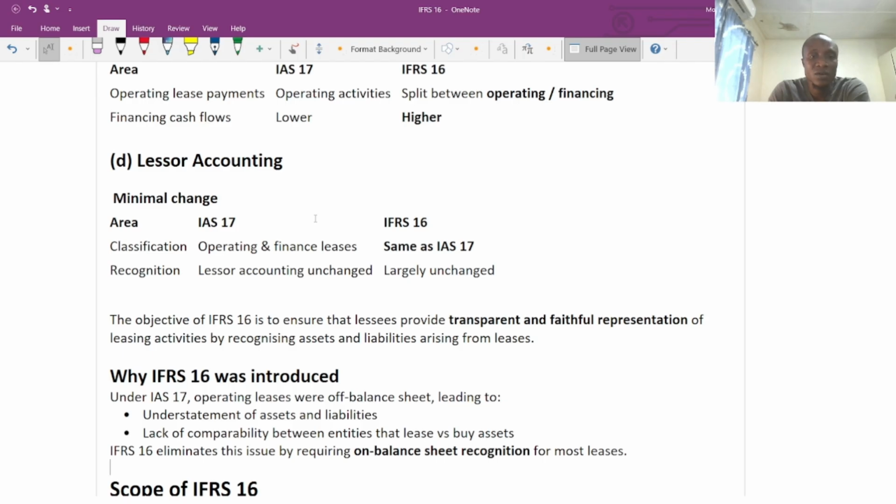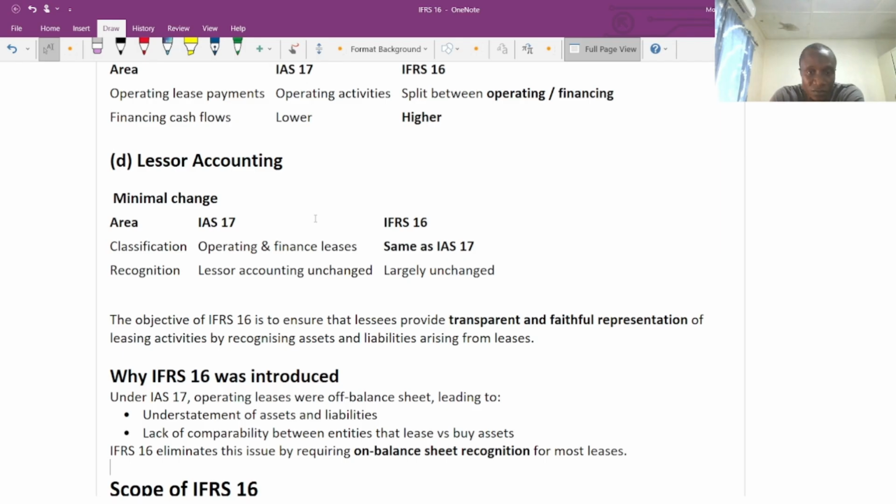Recognition, lessor accounting unchanged. Now, for the classification, IAS 17 classifies all these transactions as either operating or financing. But IFRS 16 also classifies all these transactions for the lessor. I'm not talking about the lessee, but the lessor. If the lessor is going to account for a lease transaction, then the lessor should ensure that it recognizes the operating lease or a finance lease.